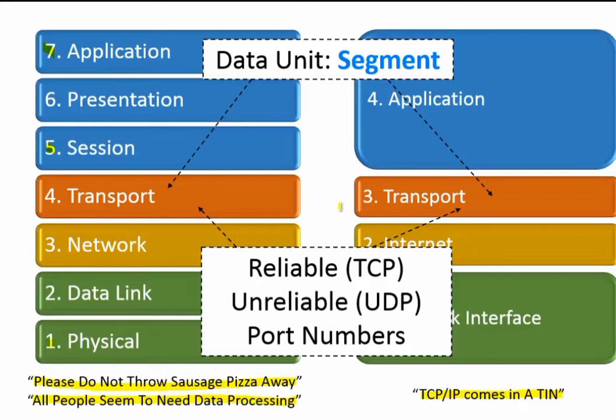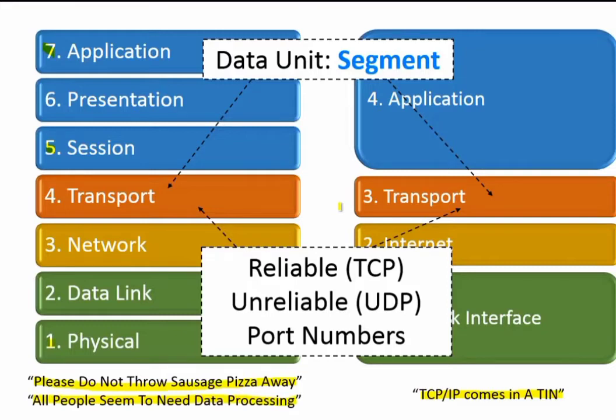When applications need reliable communication, the transport layer uses TCP, which is nothing but an acronym for Transmission Control Protocol. If it wants unreliable communication, it uses UDP, which is nothing but an acronym for User Datagram Protocol. When I say reliable, it doesn't mean it is better than unreliable. The only difference is that reliable communication has to get an acknowledgement for every packet that is sent.